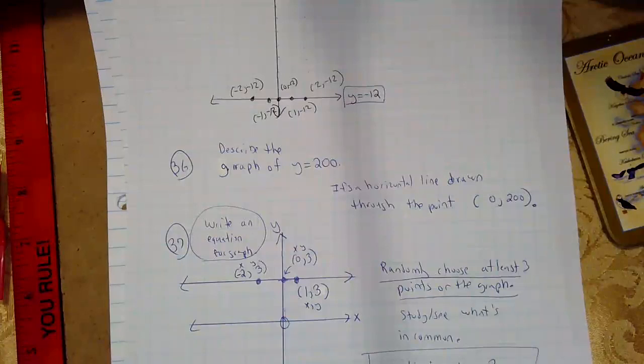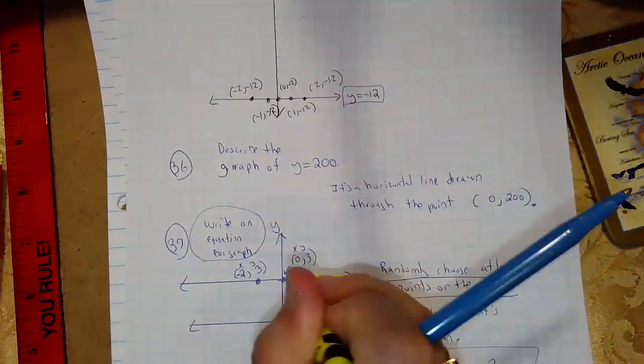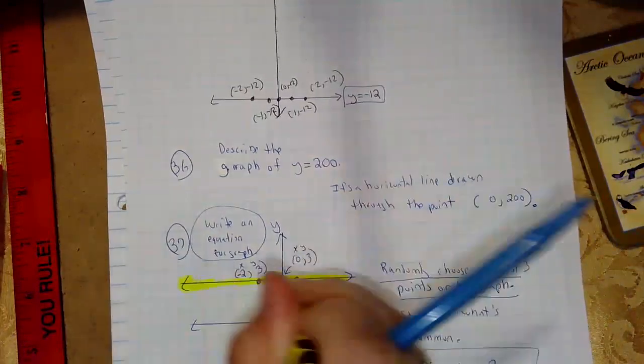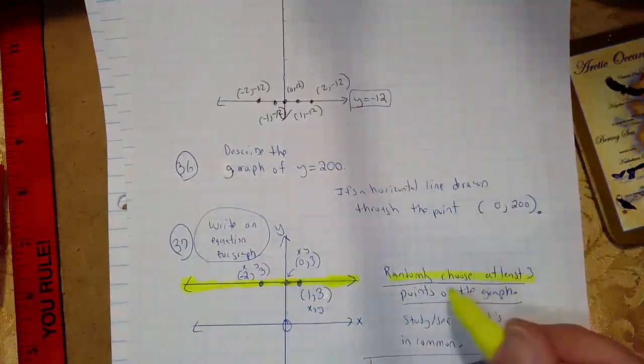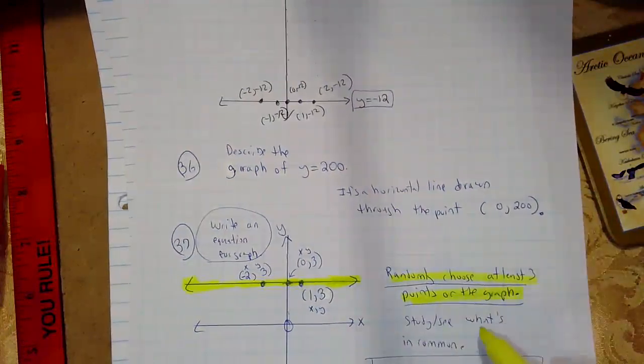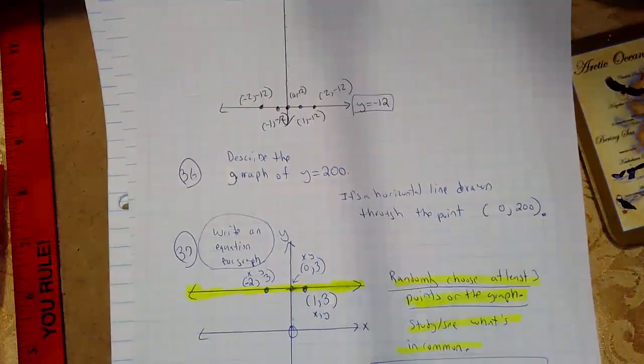So write an equation for the graph. So there's your graph. Let me highlight that so you can see it. What I did was I randomly chose at least 3 points on the graph, and I studied what's in common.